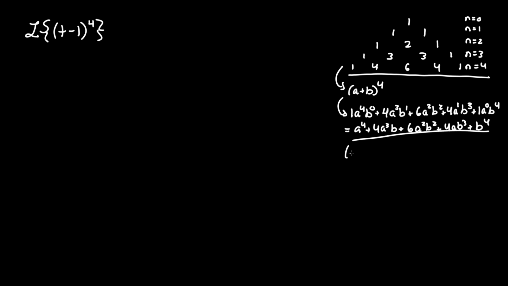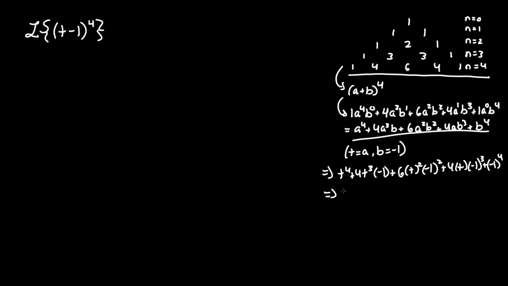Now applying that, we'll let t equal a and b equal -1 for our Laplace term. That means we'll get t to the power of 4 plus 4t cubed, b is -1, plus 6 t squared, -1 squared, plus 4 t, -1 cubed, and lastly plus -1 to the 4th.